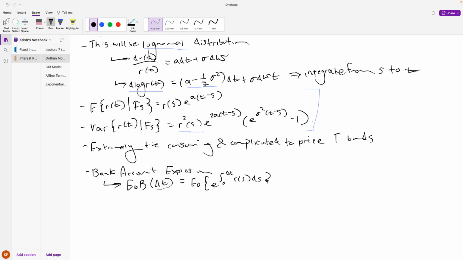This was the first thing that we learned in the first lecture. But keep in mind that rs, okay, is log normal, okay? And because of that, it's going to end up with a solution like this.